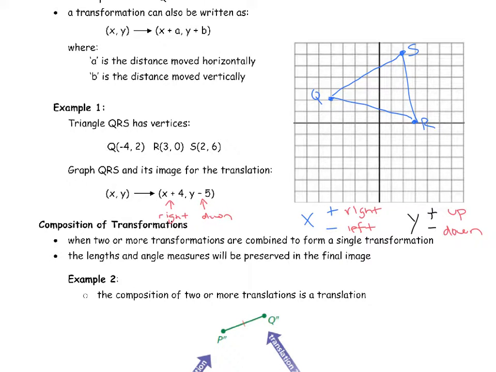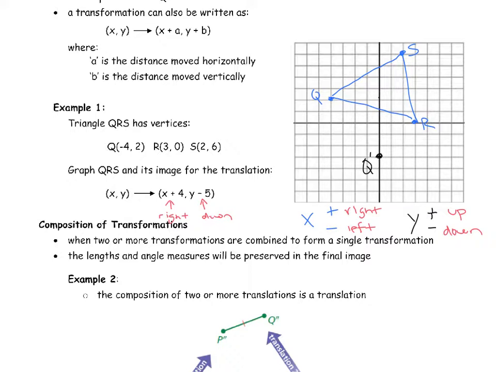And we're going to do that to each and every one of those points. So we're going to move it to the right, 1, 2, 3, 4, and then down 1, 2, 3, 4, 5. So that's where my new value of Q would be, or I should say point Q prime.